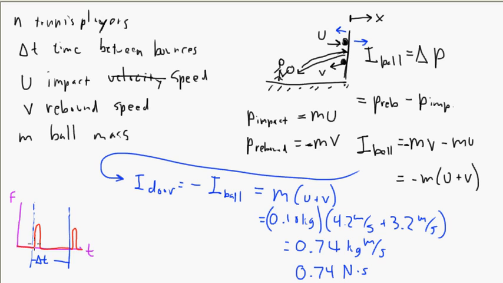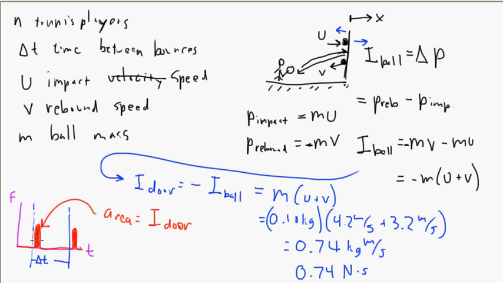And the area of this spike, as you'll recall, is the impulse. So this is a plot of the force that one ball exerts on the door over time, and the area under that hump is the impulse it exerts in one hit. So it comes in and goes bonk, and then the tennis player hits it again, it comes back, hits the door, bonk, again.